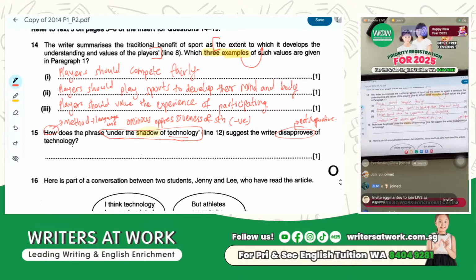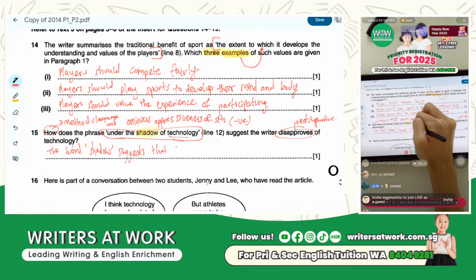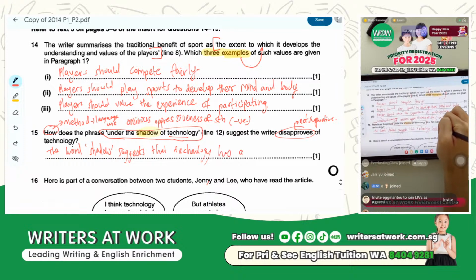Okay, so it boils down to your language ability and how you view "shadow of technology." For this case, the word shadow actually suggests that technology has an ominous, something that is very bad.